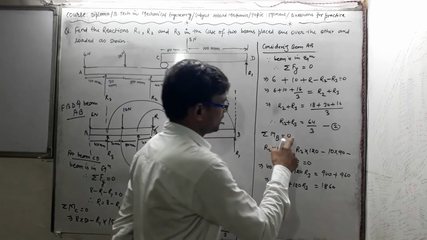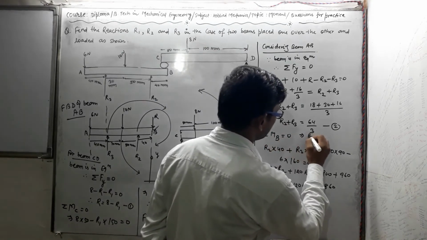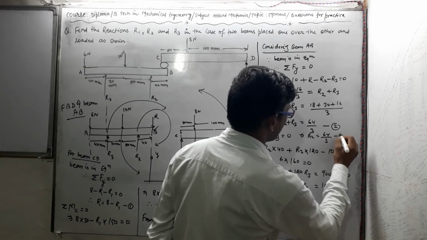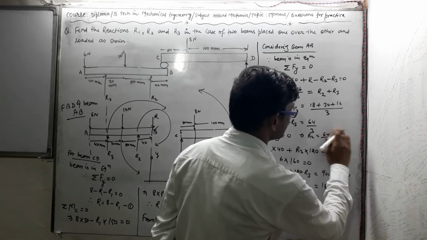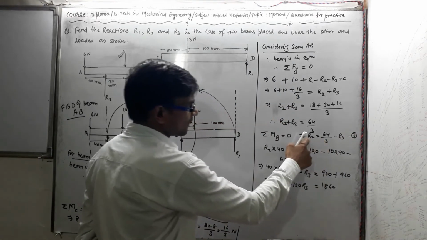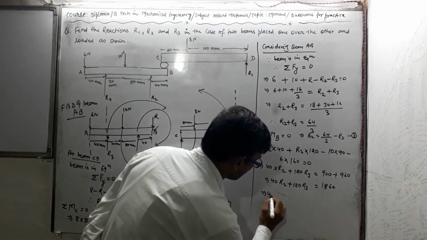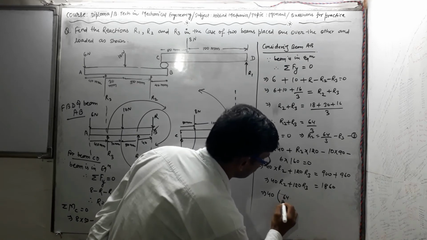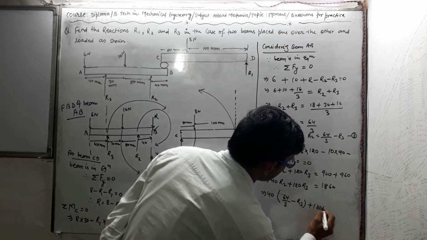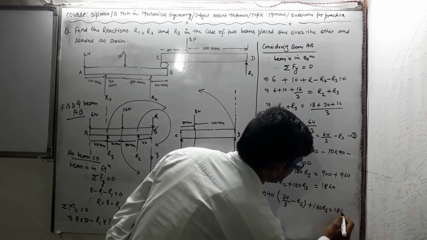Now from here, R2 equals 64 divided by 3 minus R3. This we are considering as equation number 2. So putting the value of R2 here, 40 multiplied by 64 upon 3 minus R3, plus 120 R3 gives 1860.